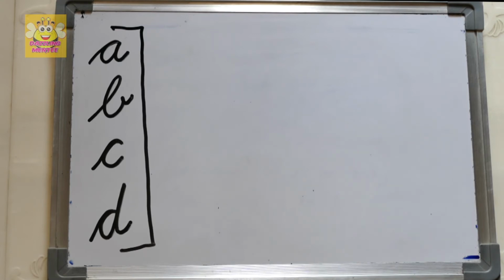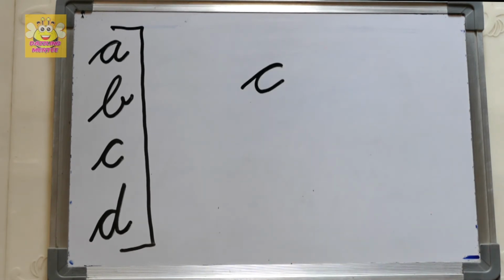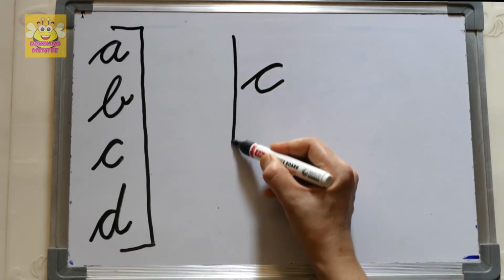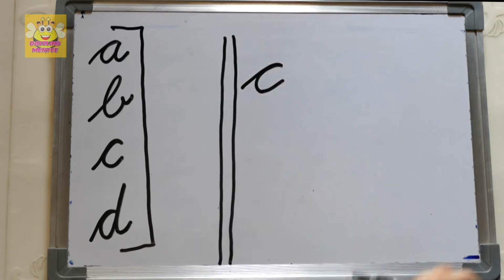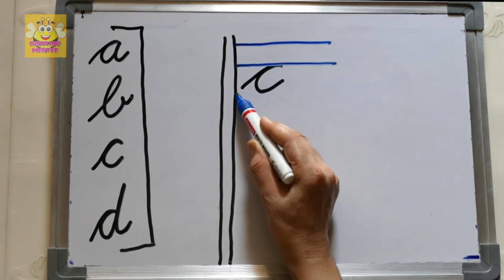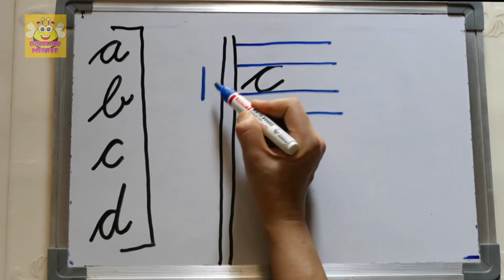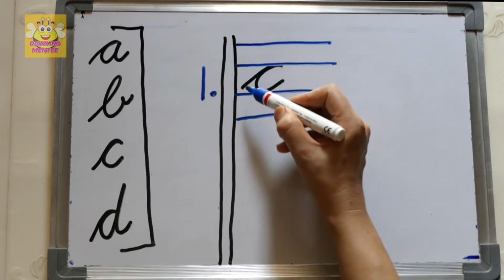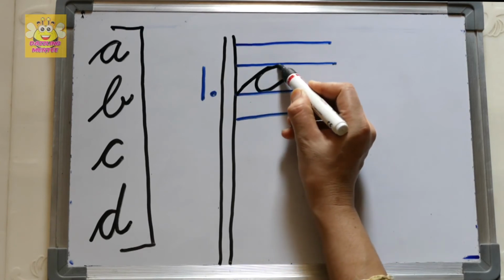So when mama says write down K, the child will write K. The pattern of dictation is, this is your margin line, and these are the lines where you have to write down the alphabets, and here you write number 1 dot.